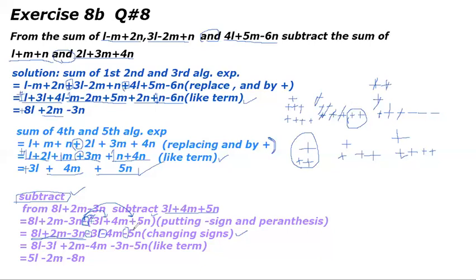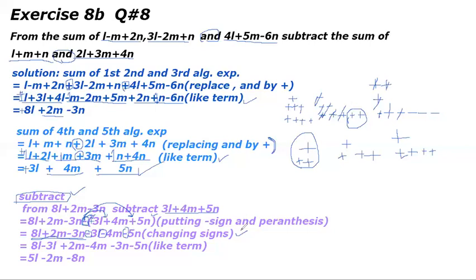Okay, we change the sign actually because this negative sign is multiplied by all the signs which are with these terms. This 3l has positive sign, negative into positive, negative; negative into positive, negative; negative into positive gives us negative. So these were important rules or steps.